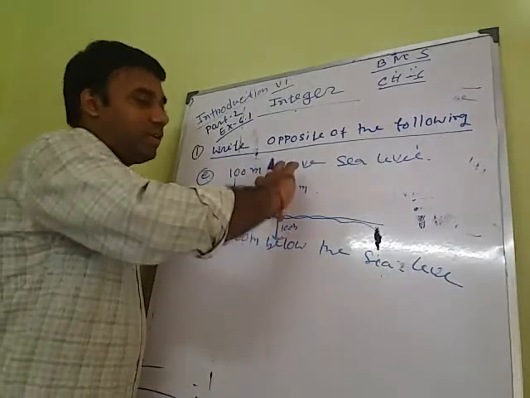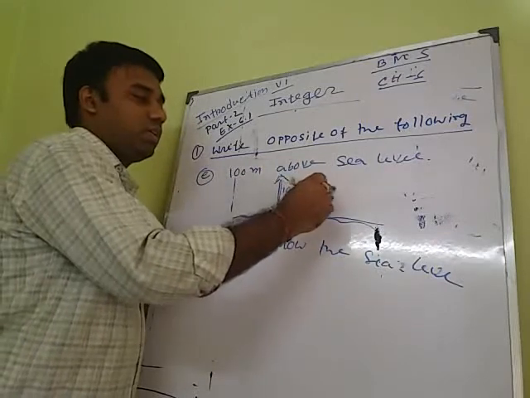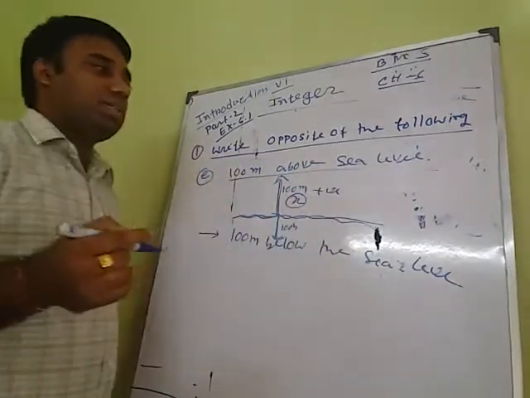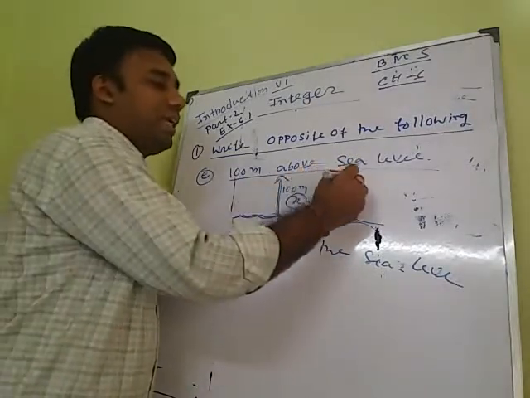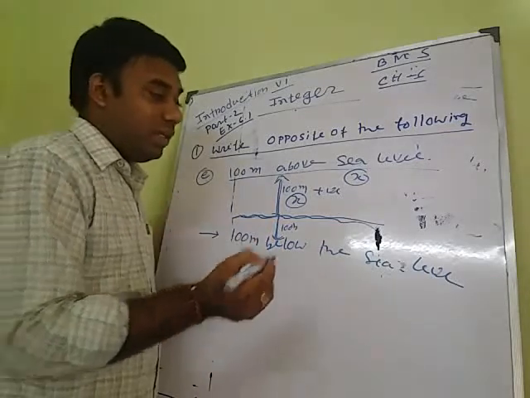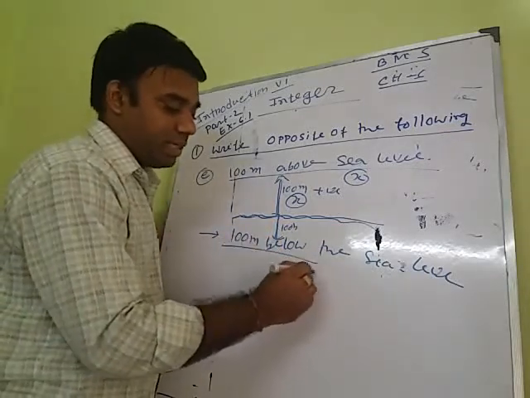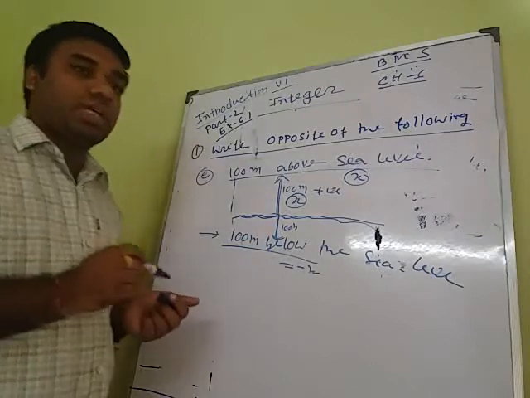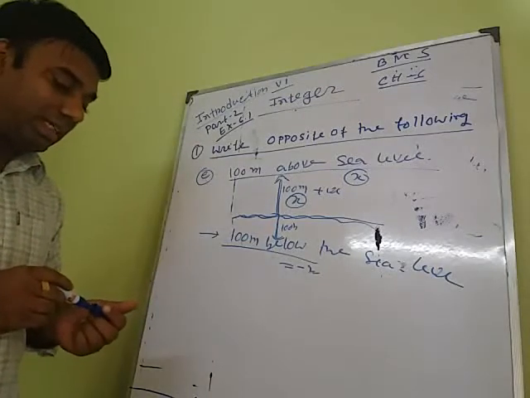If you take the statement 100 meter above the sea level as x, then 100 meter below the sea level will be minus x. This sign convention will help you later.